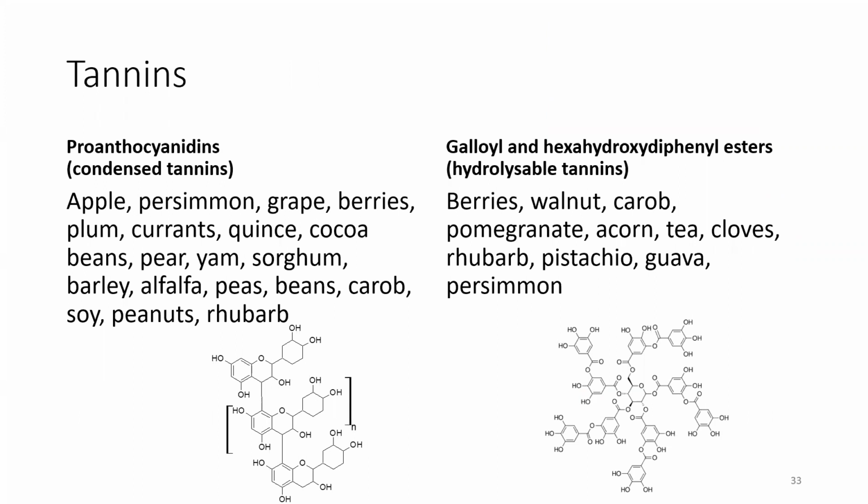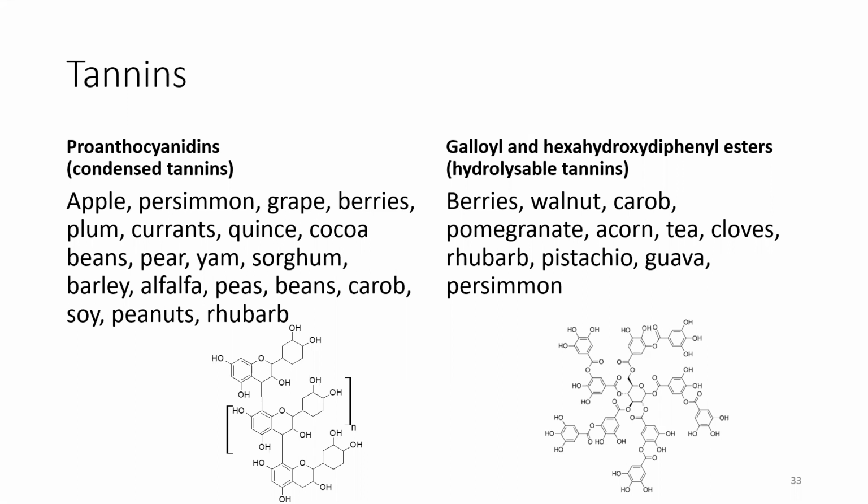Another class of compounds are tannins, and these tannins are also very astringent. Actually, I would say astringency is the main property of these tannins that you notice. So you see apple again there, having astringent compounds.